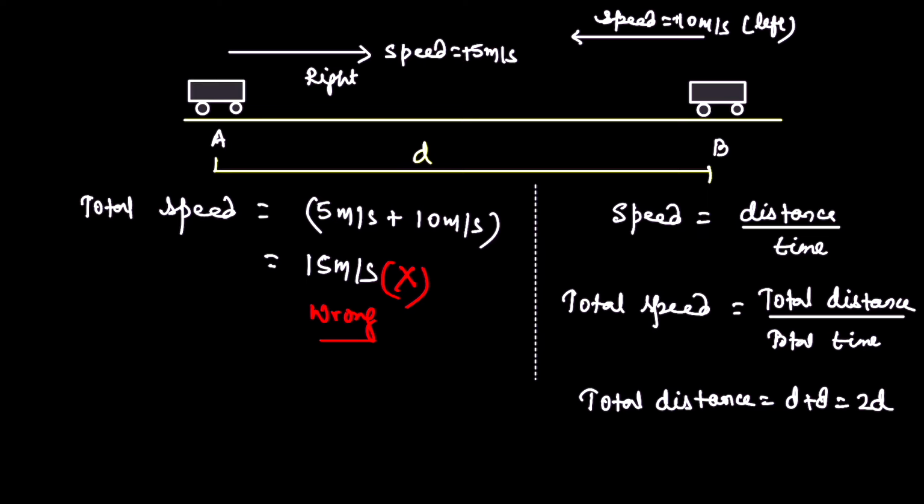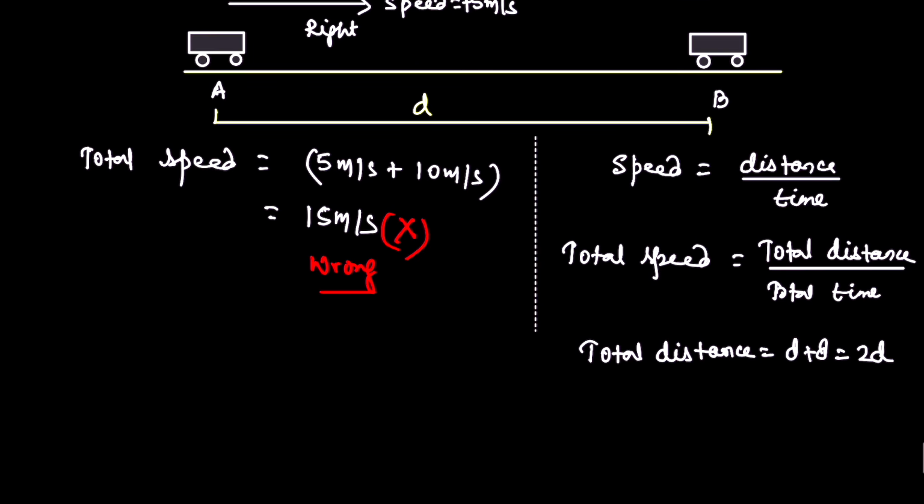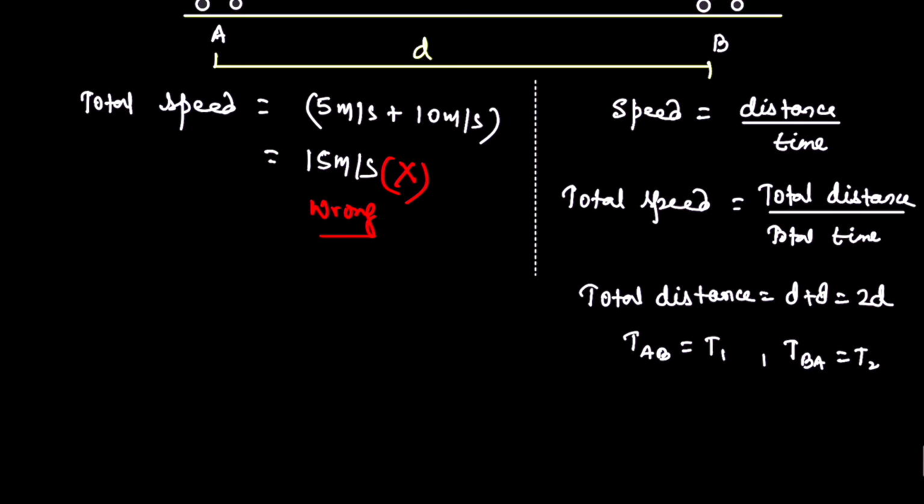Now come to the time. When the body moves from A to B, we can consider the time of AB as T1, and when it is coming back from B to A, it is considered as T2. So total time is equal to T1 plus T2. So how will we find the total time, T1 and T2?